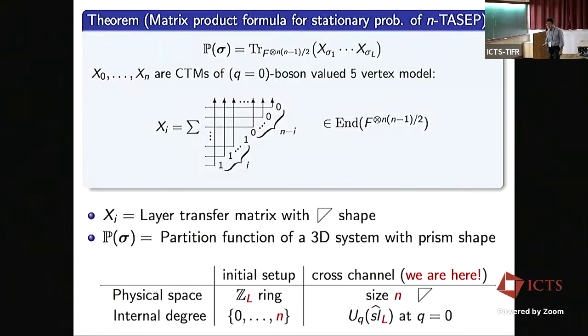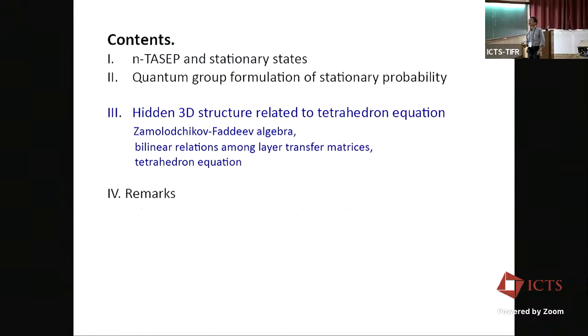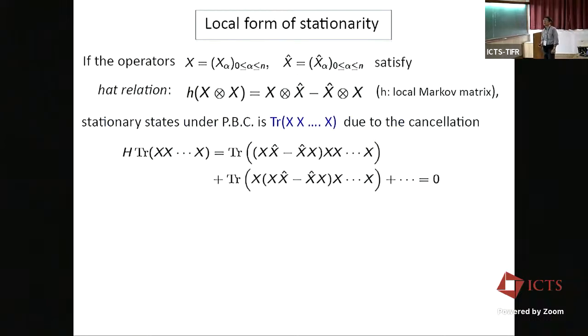So we have already seen a lot of 3-dimensional things, and I would like to move on to that aspect. So that's chapter 3. Now let me recall the local form of the stationarity. We had the operators with the index running from 0 to n, which I symbolically write as X. But suppose that not only X, but we have some companion operators, X hat.